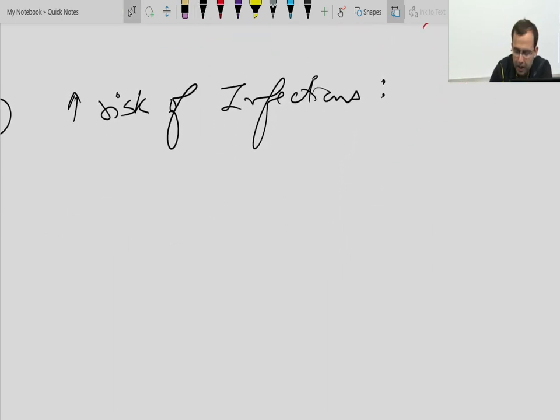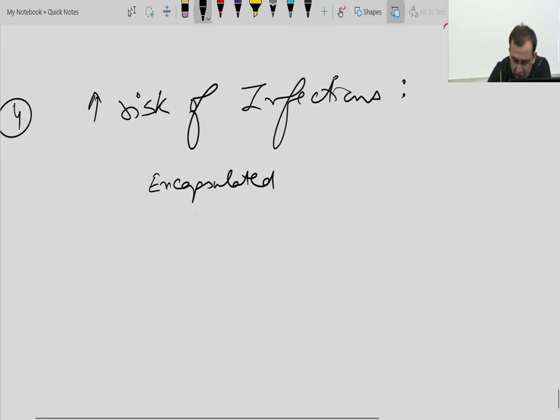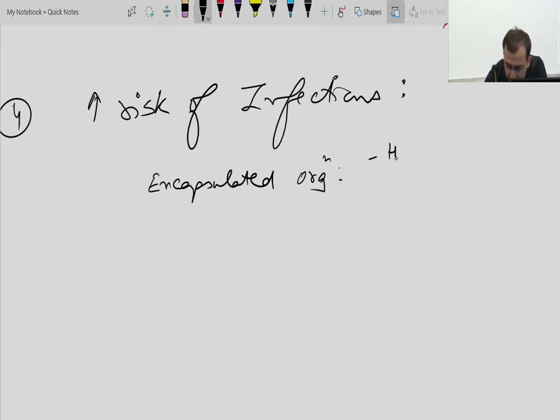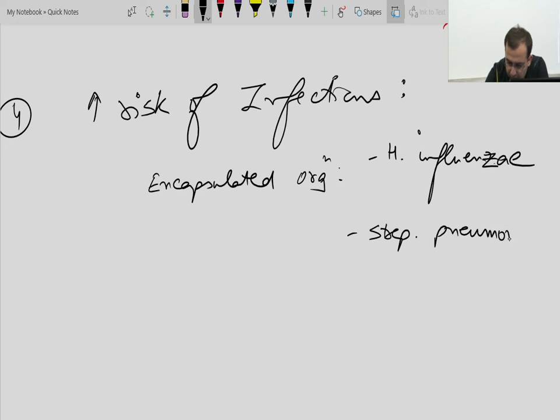By which organisms? By encapsulated organisms, that is Haemophilus influenzae and Strep pneumoniae.